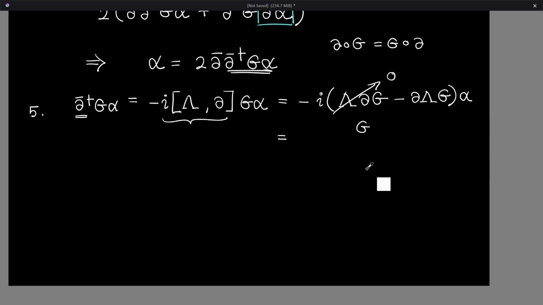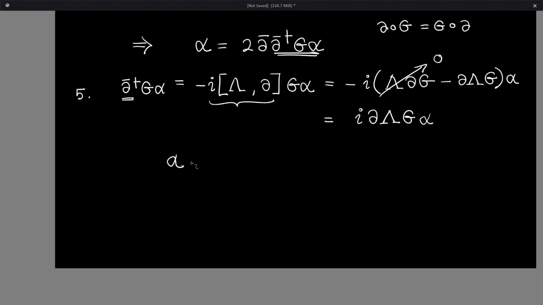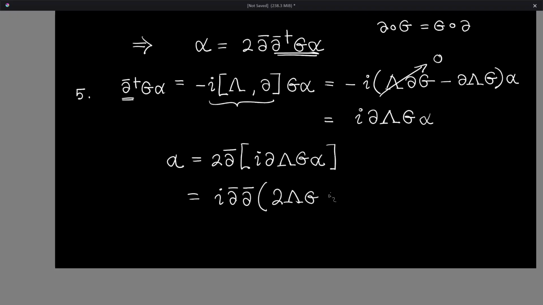So let me undo that to give myself some space. This minus sign will multiply with this minus sign, and we get overall i partial lambda G alpha. So if we substitute this back into alpha's expression, we get 2 partial bar, and then we get i partial lambda G alpha, which is equal to i into partial bar partial into 2 lambda G alpha.